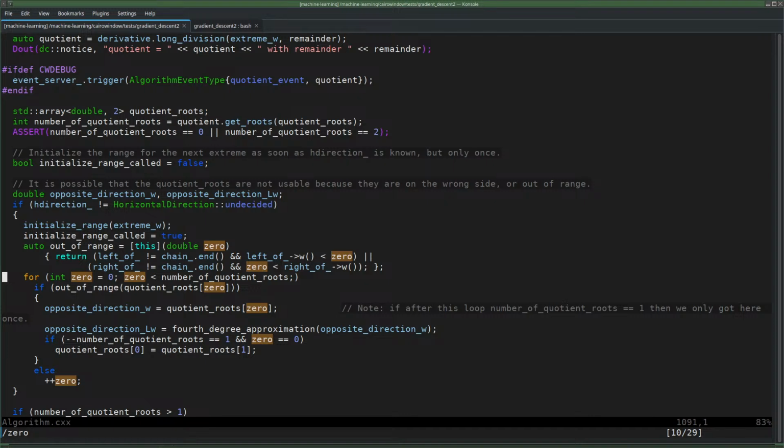So we have two zeros here, yeah? An integer 0 and a double 0. So I think I'm going to call this one root, the singular of quotient roots, but without the quotient. And this is really an index, but maybe I keep calling it 0.